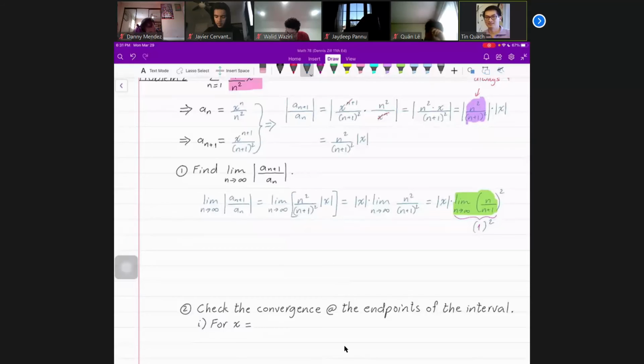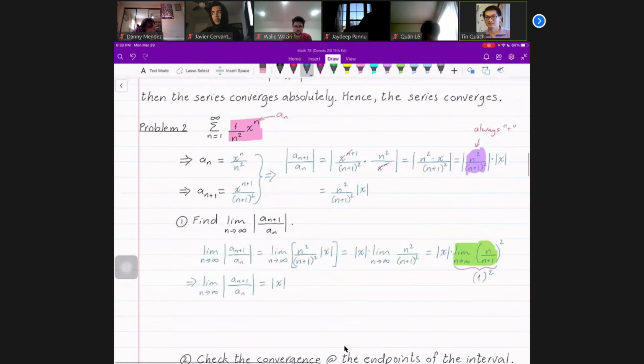So this limit right here is the absolute value of x.